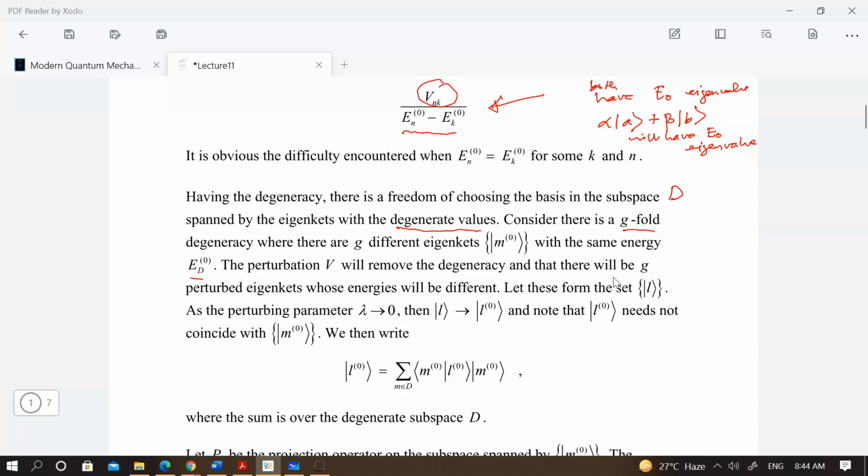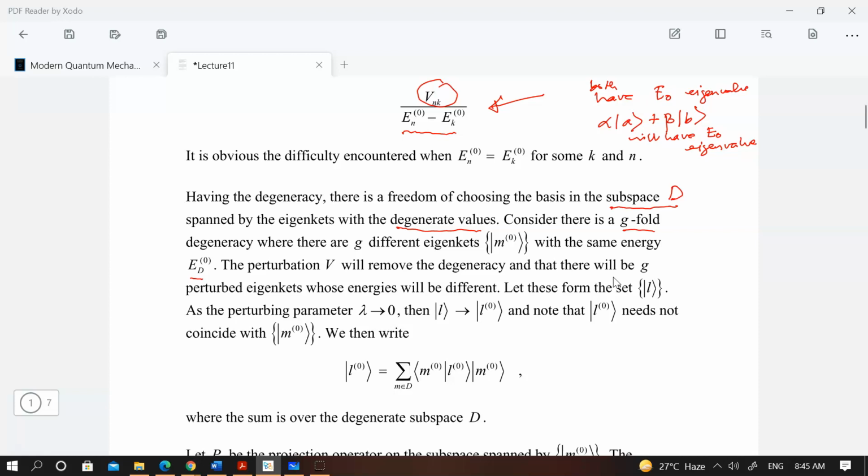Our desire is to use linear combinations of these m naught to give a different basis in the degenerate subspace D, in such a way that the perturbation term will have a zero numerator. So you can actually solve the problem with the degenerate terms. That's what we're going to do.